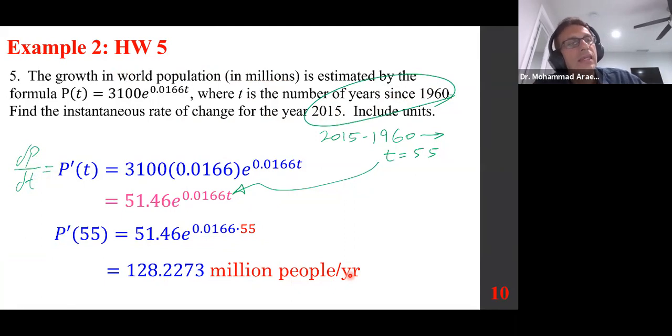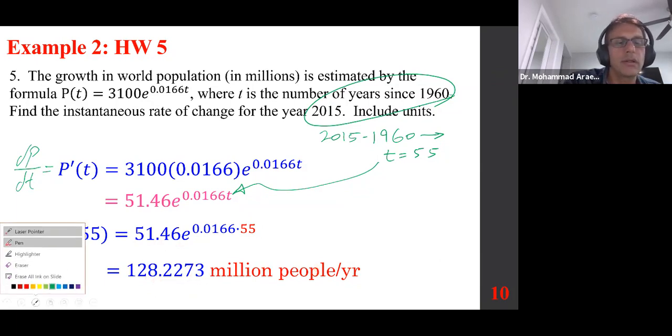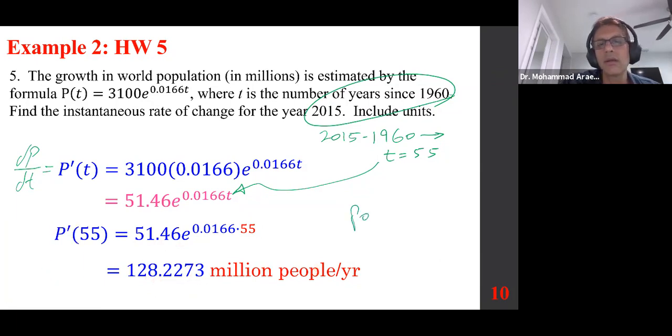That means in the year 2015, or after the year 2015, the population is increasing, because it's a positive value, by 128 million, roughly, million people per year. The population is increasing, okay? By this much, because it's positive.